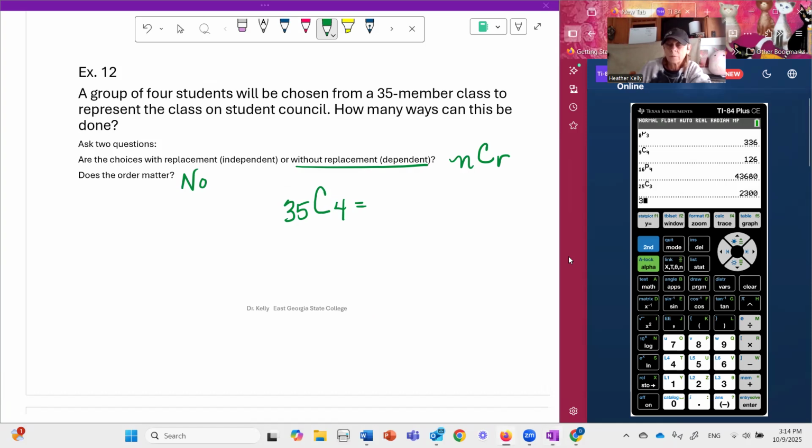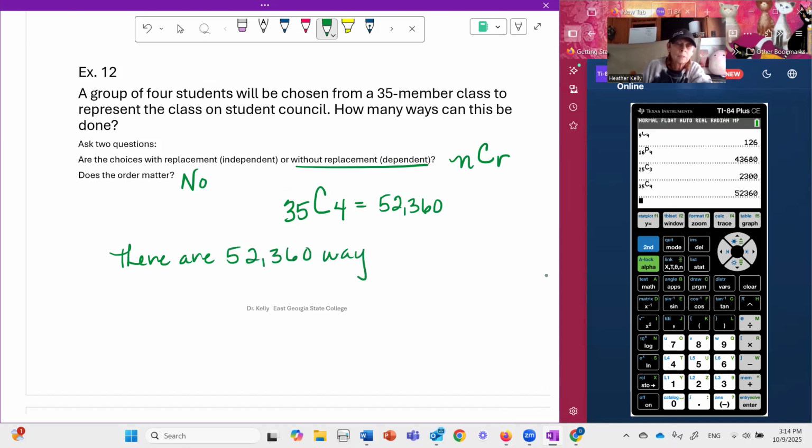We'll put it in here. $52,360. So there are 52,360 ways to choose the student reps.